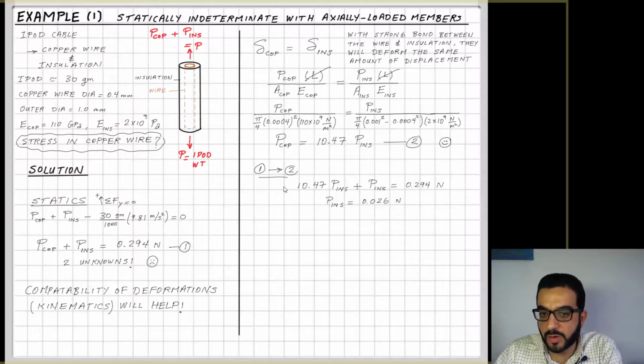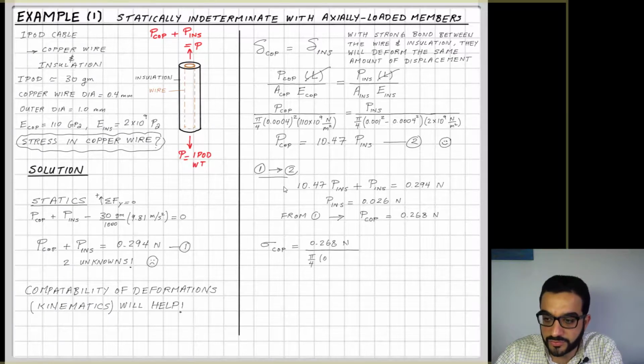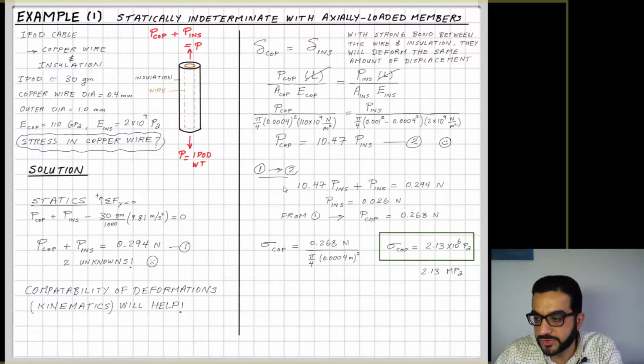But I'm after the load and stress in the copper, not in the insulation, so I go back and plug into equation one or two. Now I have the internal force. Still not done yet, I'm after the stress, and stress is equal to force over area. That gives the copper stress felt because of the load on the cable.